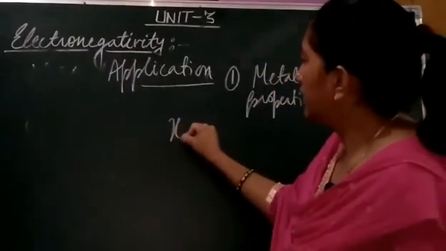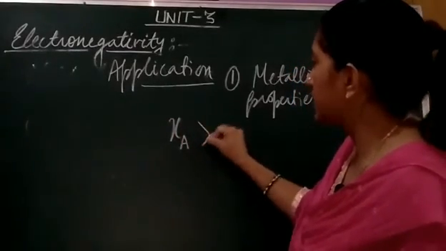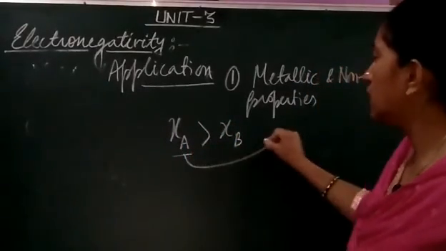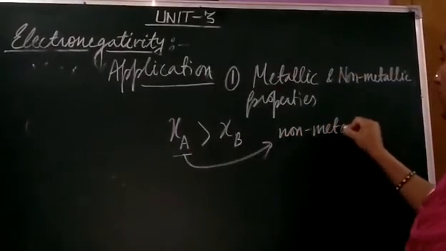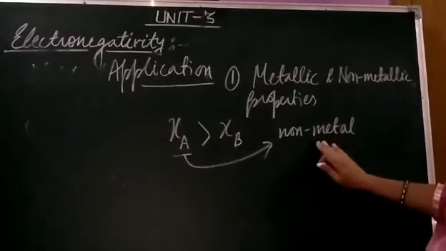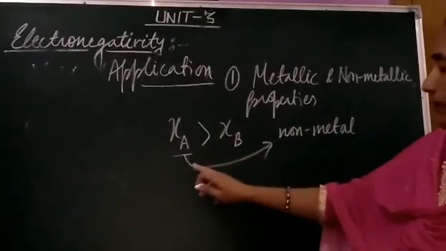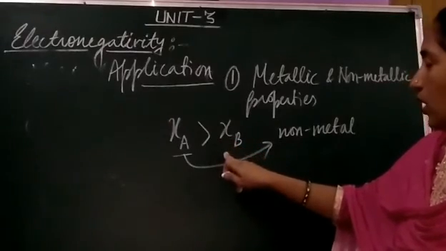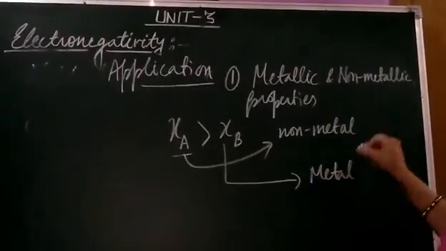So if the electronegativity of element A is greater than element B, in that case A will be a non-metal, or it will have the non-metallic character in greater magnitude, right? And if XB has the lower value of electronegativity, it will behave as a metal, right?